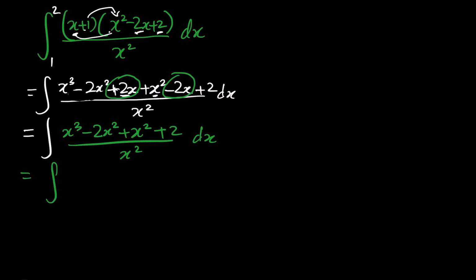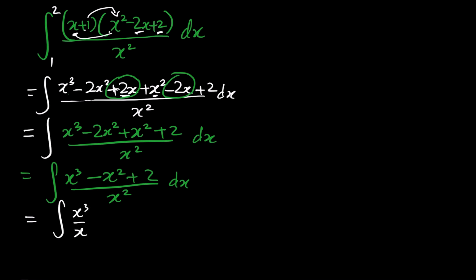So we have an integral of x cubed minus x squared plus 2, right? And then we are going to divide that by x squared dx. Now, we divide each of them by x squared. We're going to get this minus x squared over x squared plus 2 over x squared, all dx.